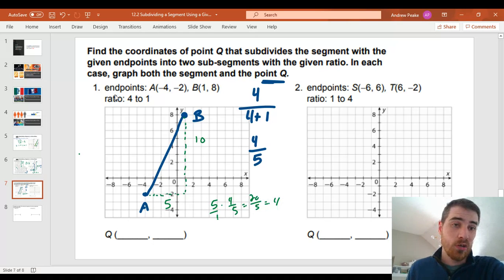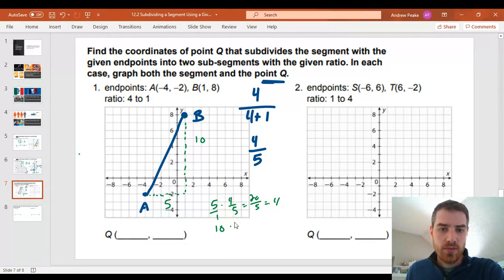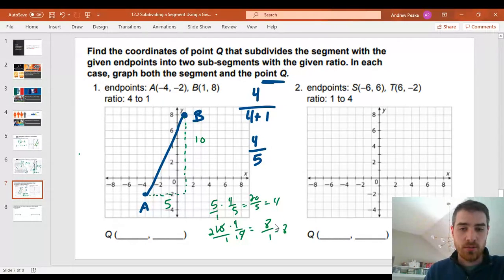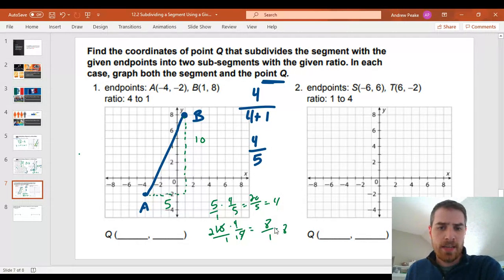So I'm going to go 4 to the right. And then 10 times 4/5, I can reduce that down: 5 goes into 10 2 times, 5 goes into 5 1 time, so 2 times 4 would be 8 over 1. You don't have to reduce, but it's a trick to make it a little bit easier when multiplying fractions. I got 8.